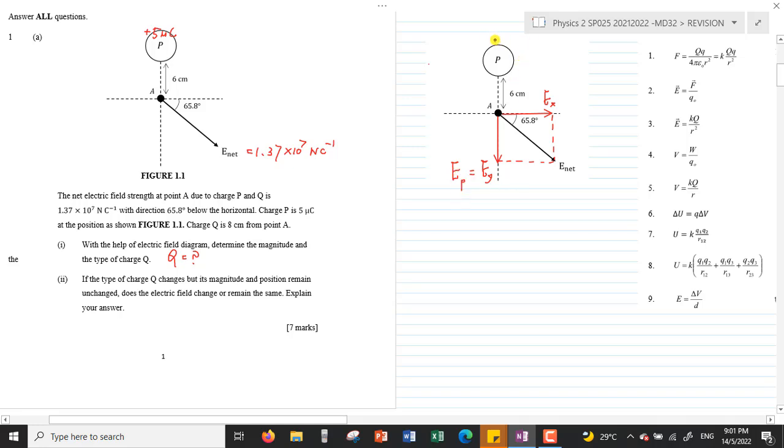Because charge P is positive 5 microcoulomb, it will have electric field lines outward from the charge, so it will be pointing downwards.